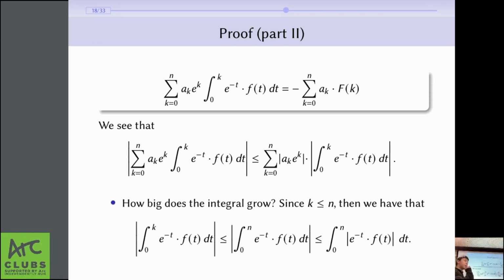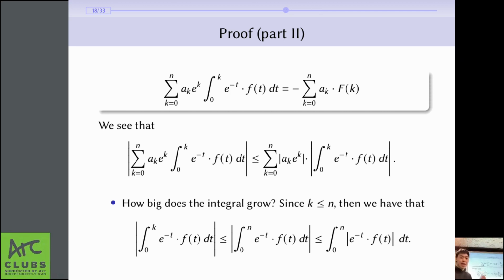Well, we know k is at most n. So that's what we know. k is at most n. So if that is the case, then instead of working with k, we can work with n, right? Because if we know that it works for all values less than n, then at most, it has to be n. So it's natural to work with the largest possible value for k instead of working with individual values for k.